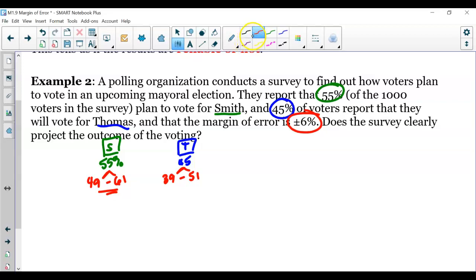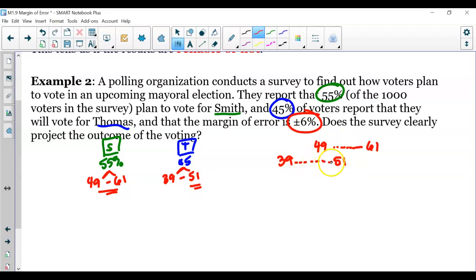So here's what we mean by that overlap. Think about it like a number line. Smith is 49 to 61, right? So it's covering all those values, 49 to 61. Then Thomas is 39. Well, 39 is below 49, so I'll kind of draw my number line here. So 39. Now, where is 51? 51 is between 49 and 61.